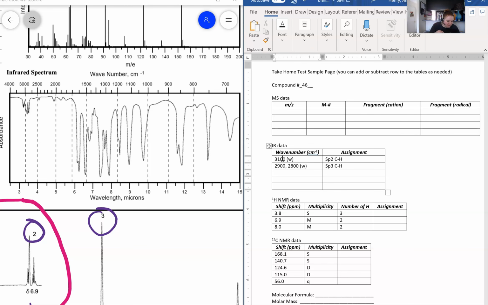And then a little bit farther down the line, we have a peak right here at about 1600, and because we know we have a benzene, another peak we can look for is this one right here at 1475. So those two peaks are telling us that we have carbon-carbon double bonds, but specifically aromatic.